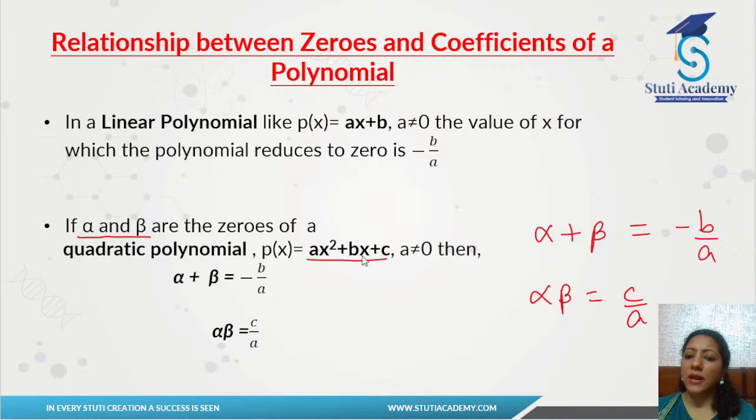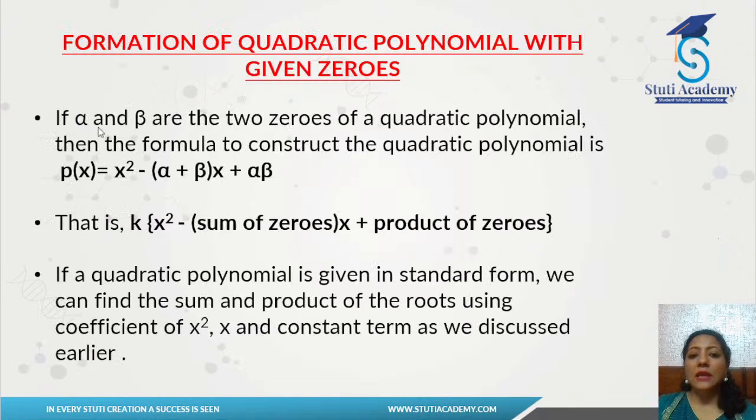And if we have a quadratic polynomial ax square plus bx plus c, with two zeros alpha and beta, then alpha plus beta is minus b by a, and alpha beta is c by a. If we know the sum and product of the two zeros of a quadratic polynomial, then we can form the quadratic polynomial using the formula x square minus sum of the zeros into x plus p, that's the product of the zeros.